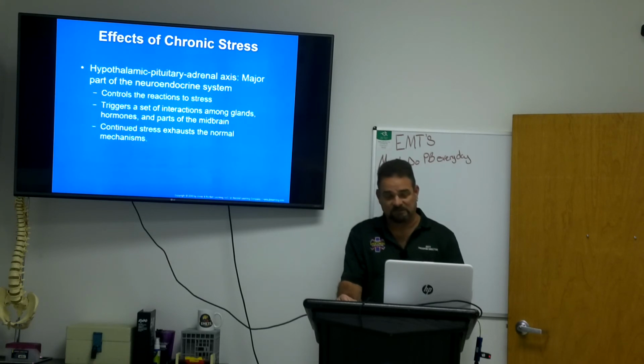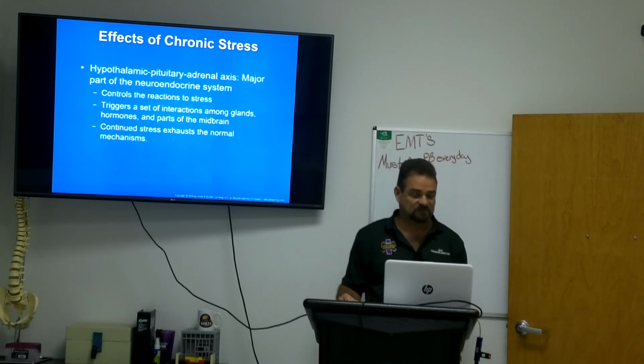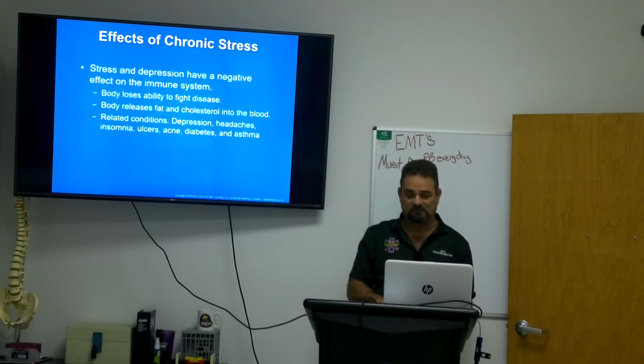Eventually they will fail because they're worn out. Continued production of cortisol exhausts the stress mechanism and leads to fatigue and depression. Consistently high levels lead to suppression of the immune system as well. So it kind of destroys us in our own internal sense. We cannot have chronic stress forever and ever.